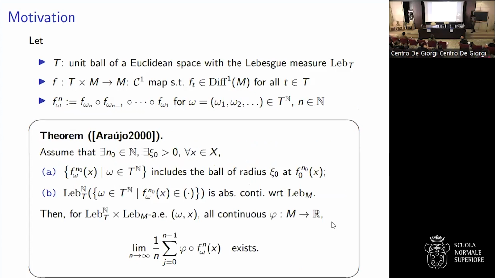Okay, so one slide explanation of Araujo's result. He considers, and we also consider, T as a unit ball of a Euclidean space with Lebesgue measure, and F a C1 parameterized family, where each realization is a C1 diffeomorphism on M. And as usual, you consider an IID composition like this.